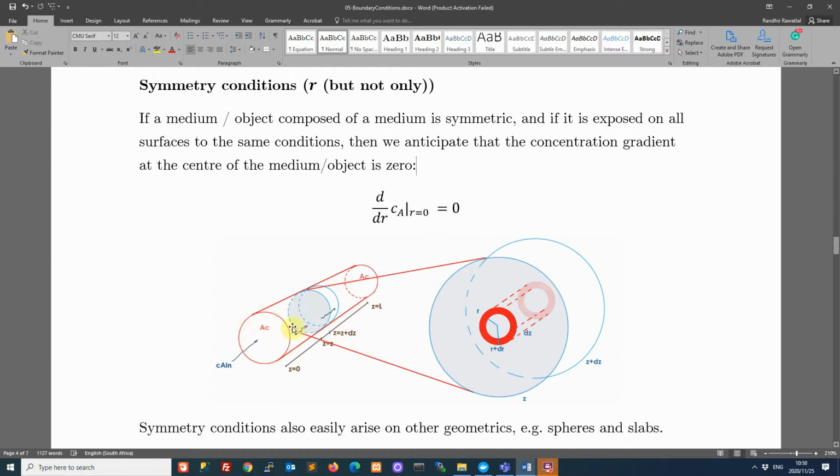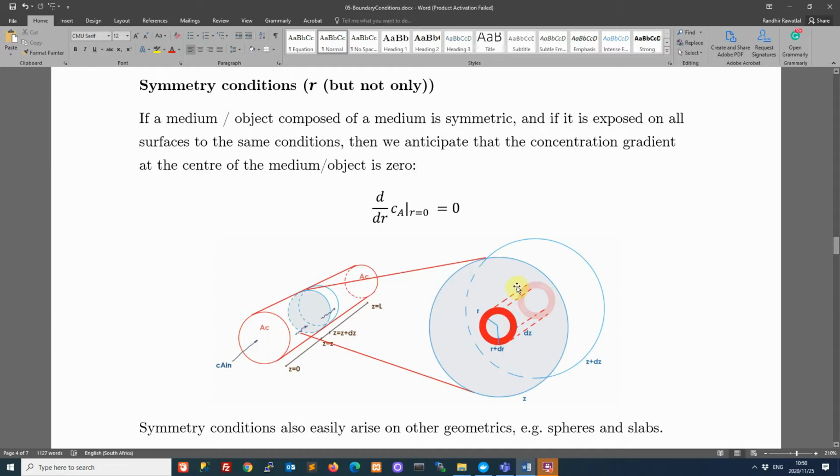That means we have the same diffusion rate from all directions in towards the center. So if you look at the center position, you can imagine that the concentration looks the same in all directions. That implies to us then that the concentration is flat at the center position.